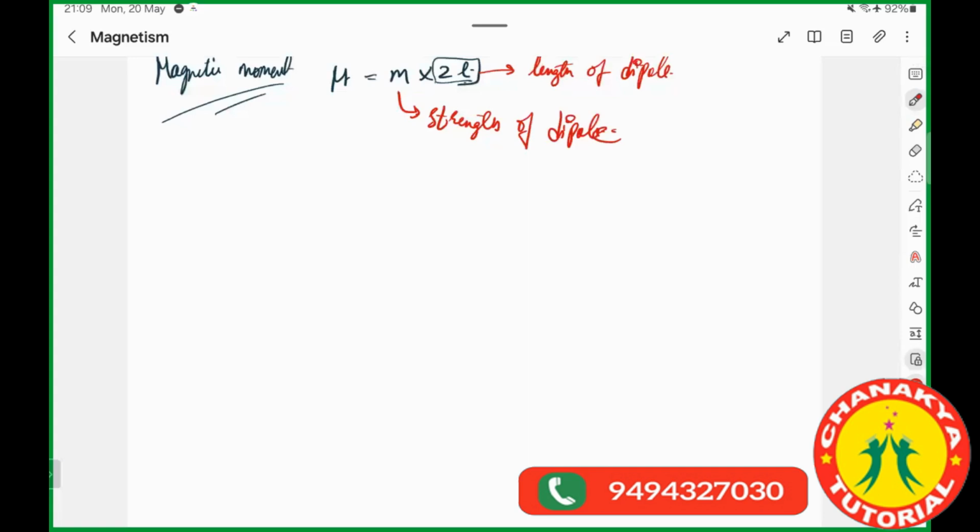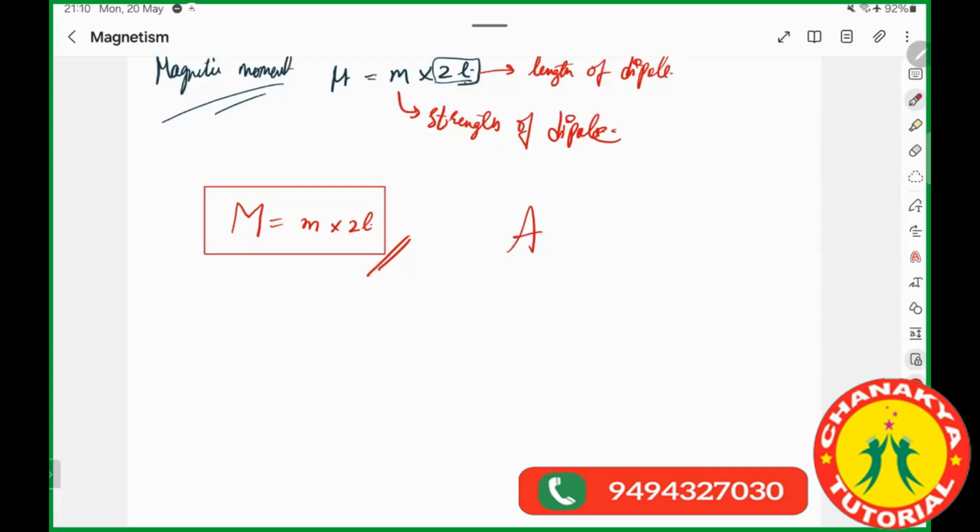Actually, we got the standard formula, M equals m into 2L. So the unit you can find out. What is the unit?